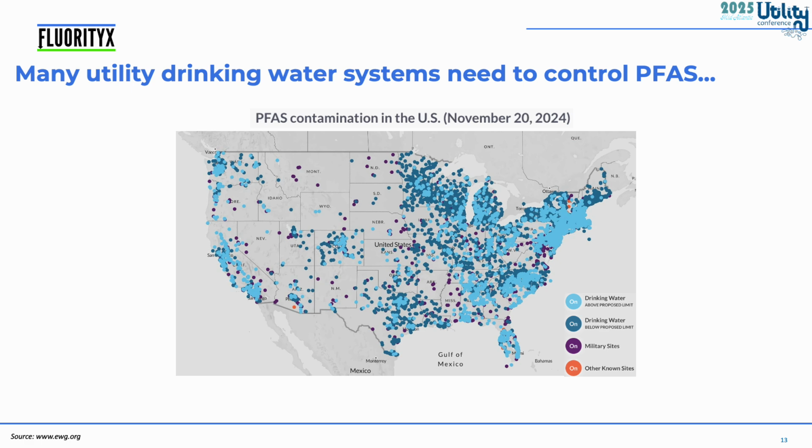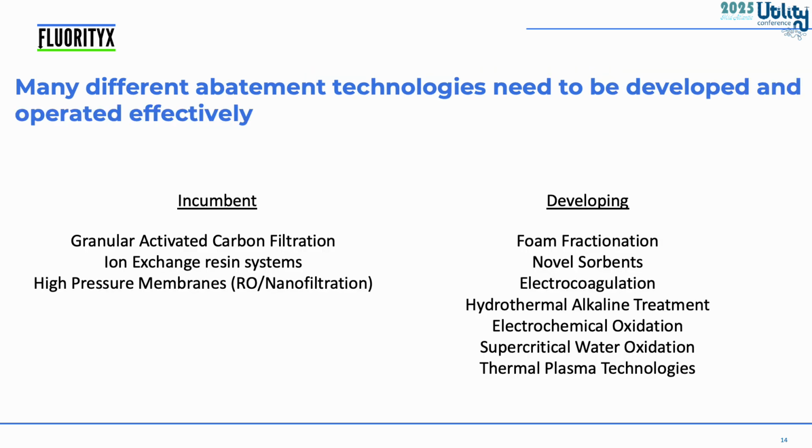Now the problem, as I hope you can understand, is that there are many utility drinking water systems that need to control PFAS. And even those that are today below the limit may be above the limit tomorrow. So there will be a consistent need across thousands of different utility systems to measure PFAS. And secondly, there are different abatement technologies that exist today, but there are new ones being developed as well.